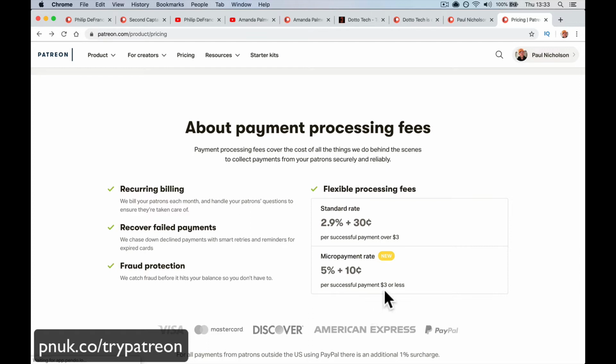So on a $3 transaction, you're going to pay 40 cents to Patreon. On a $1 transaction, you're going to pay 10%, which is 10 cents, plus the 10 cents. On a $1 reward, you're going to give Patreon 20 cents, right?